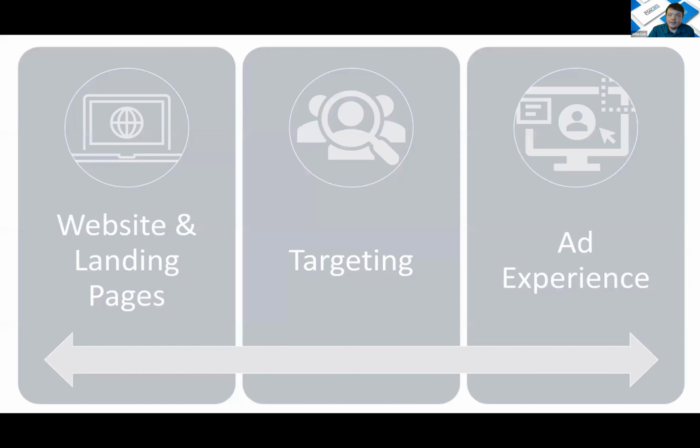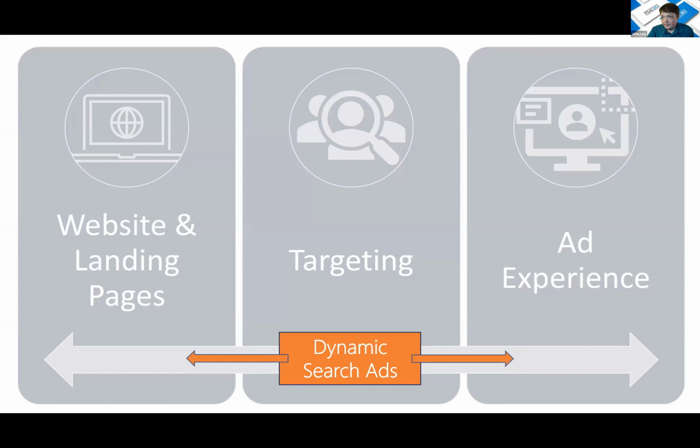So this takes us to dynamic search ads, and dynamic search ads are awesome. If you didn't know this already, I know Neva called them out in her presentation earlier, but dynamic search ads are the reason my presentation exists today, because they live in this magical spot between all of this activity: content, targeting, ad experience. It is all of that and then some tied up in a neat bow.